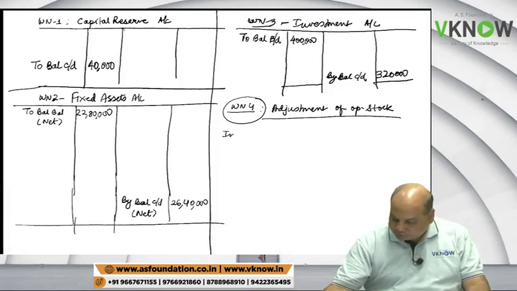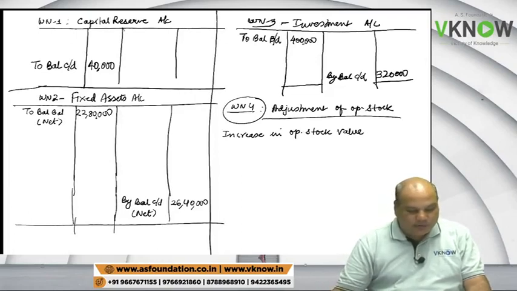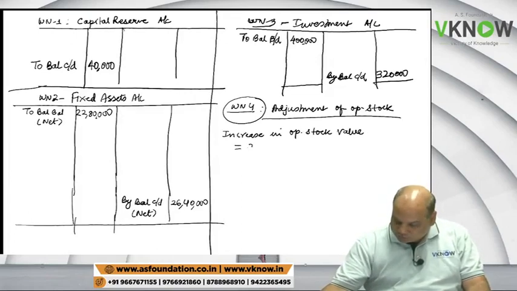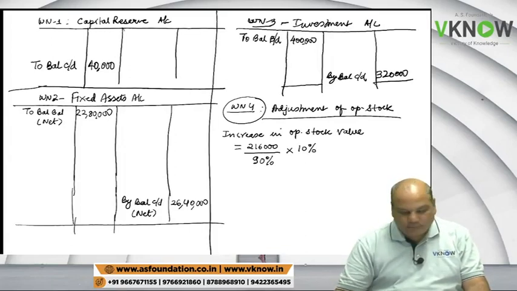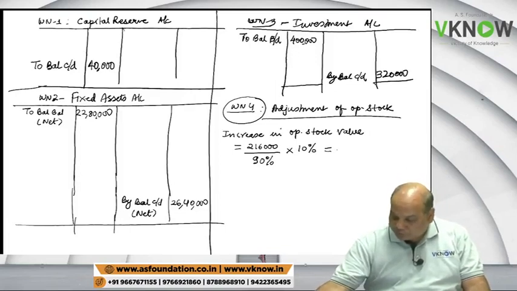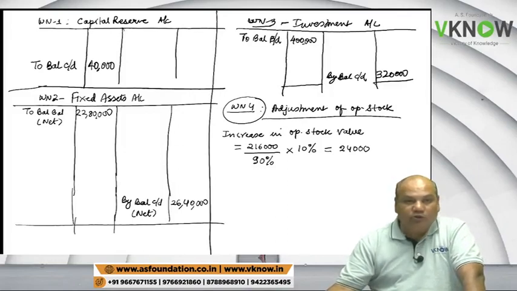Write down: increase in opening stock value equals 2,16,000 divided by 90% into 10%, which is 24,000. So opening stock will increase by 24,000.